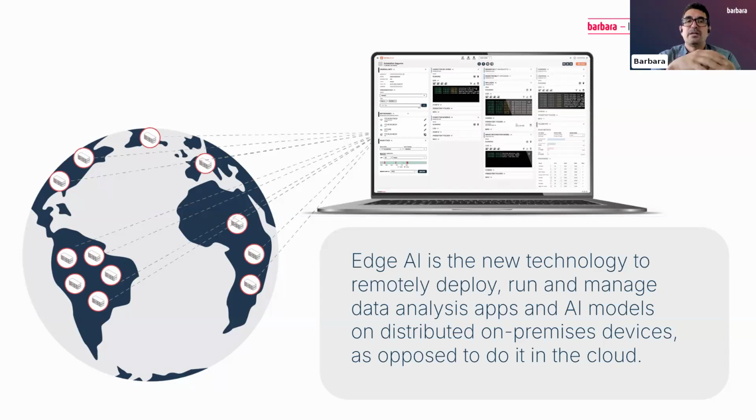So we move the processing unit from the cloud to the edge, and we call the edge the site located near where the data is sourced, where it originates. This is basically what we understand by Edge AI: deploy, run, and manage data analysis applications and AI models on distributed, on-premise devices. That is exactly what we do in Barbara.